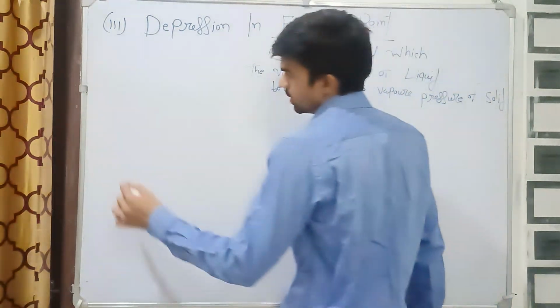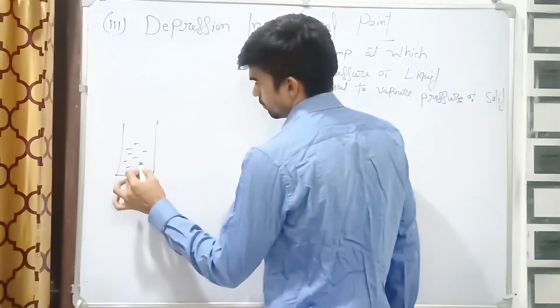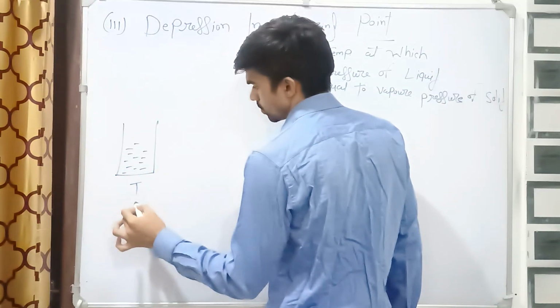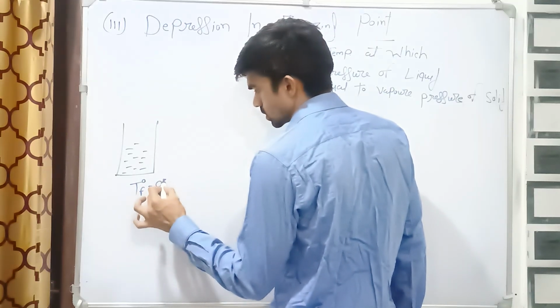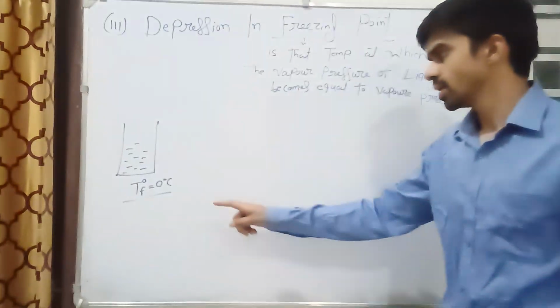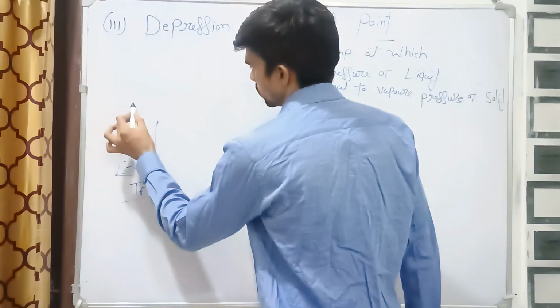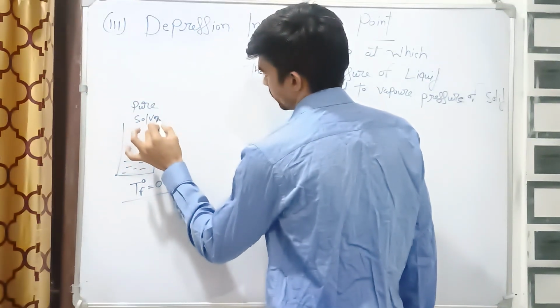Again you know that for pure water, the freezing point temperature, that is T naught f, is 0 degrees Celsius. Pure water starts freezing at 0 degrees Celsius. This is pure solvent.